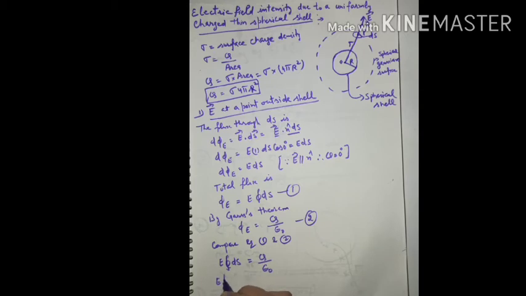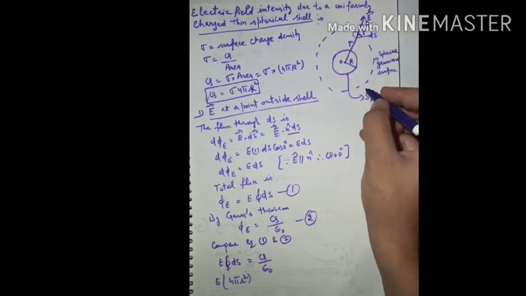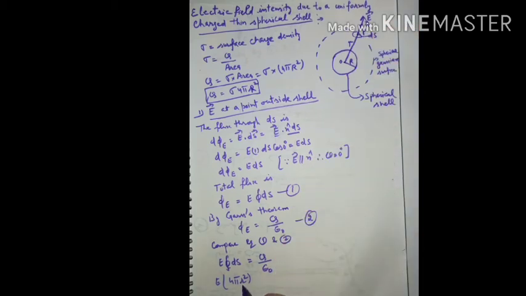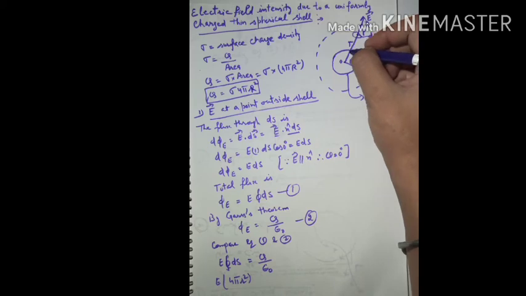The area of the spherical surface is 4 pi small r square. Here it is small r square because this is the area of the Gaussian surface, because we find the flux over this Gaussian surface at point P.